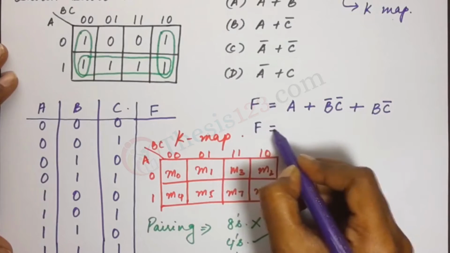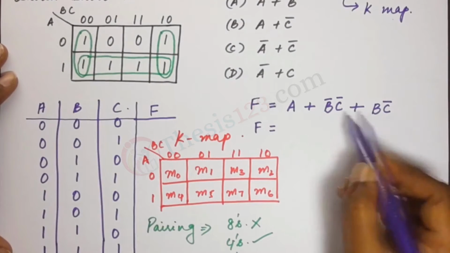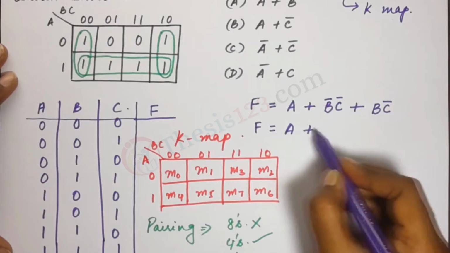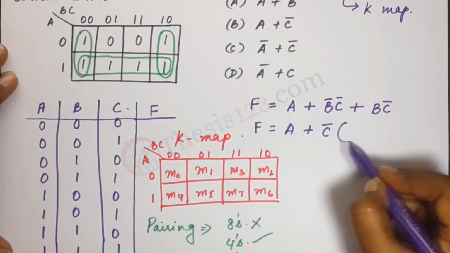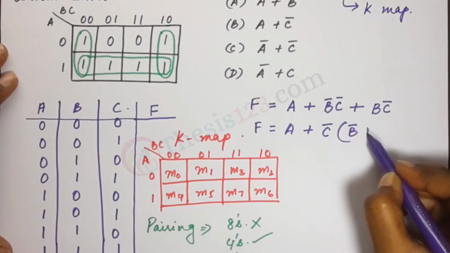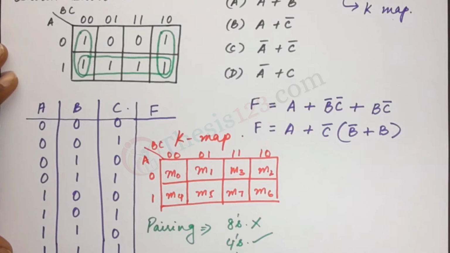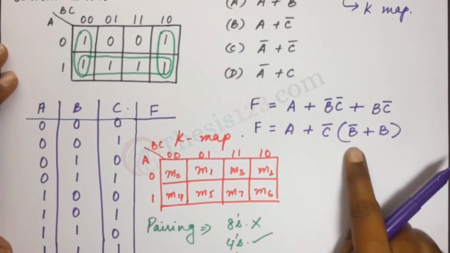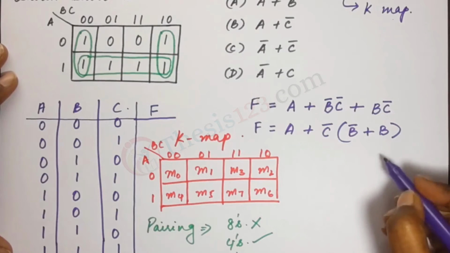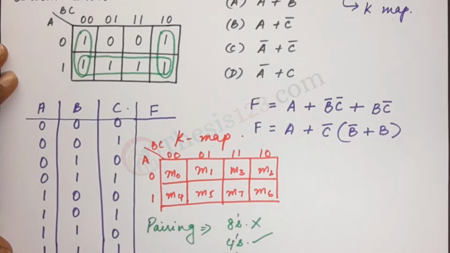So F is equal to, let's take C bar common here, A or C bar, we have B bar or B. Okay, so now according to the rules, we have a Boolean rule which says that A or A bar is equal to 1.